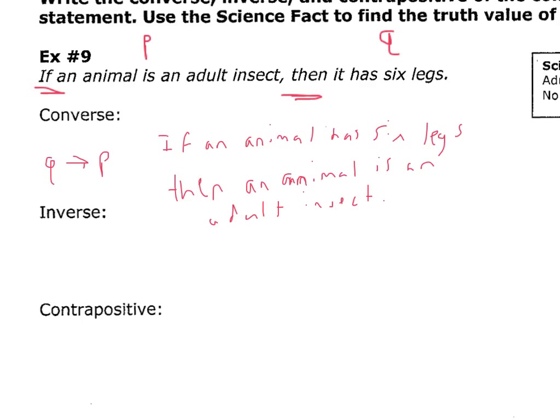Okay, so Q then P. You bring in your Q first. If an animal has 6 legs, then bring in P. An animal is an adult insect.